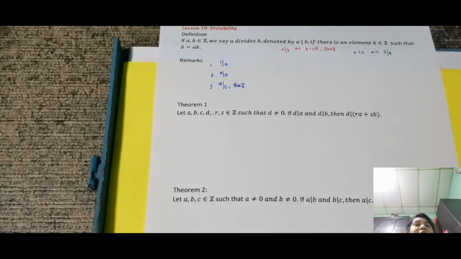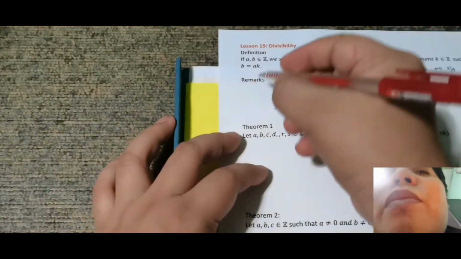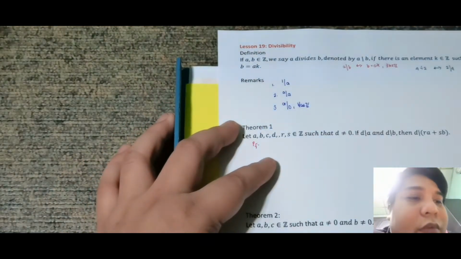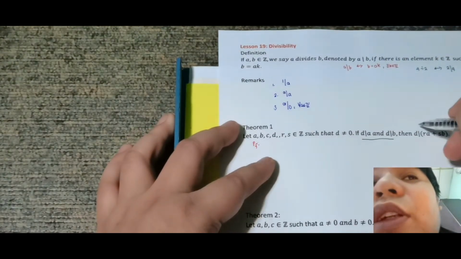Yun nga yung gusto niya mangyari, no? If D divides A and D divides B, then D divides RA plus SB. Paano ba i-prove? Ito yung proof. Note na ito yung assume, ito yung premise, ito yung conclusion.